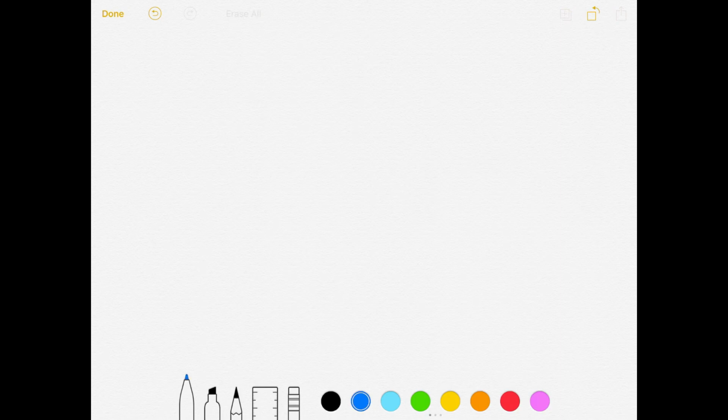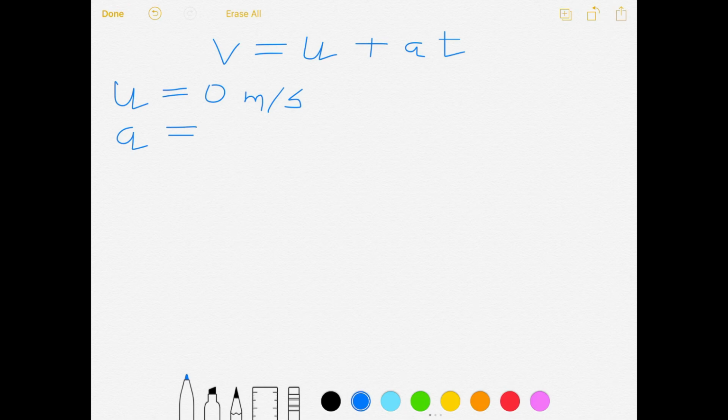The first equation says that v is equal to u plus a t. Now remember, it is a freely falling object, that means the initial velocity will be equal to 0 meters per second and the acceleration in the object will be acceleration due to gravity, right? So that will be represented by the small g.